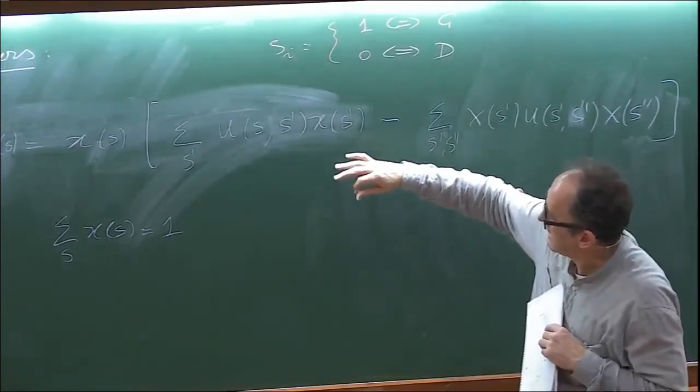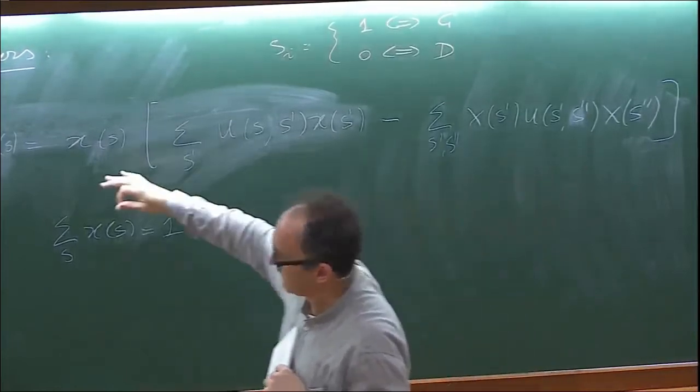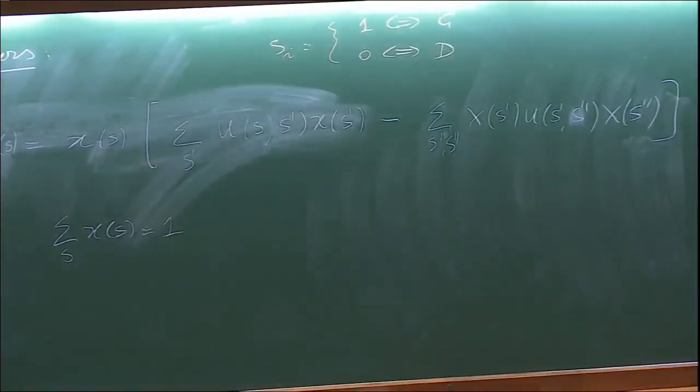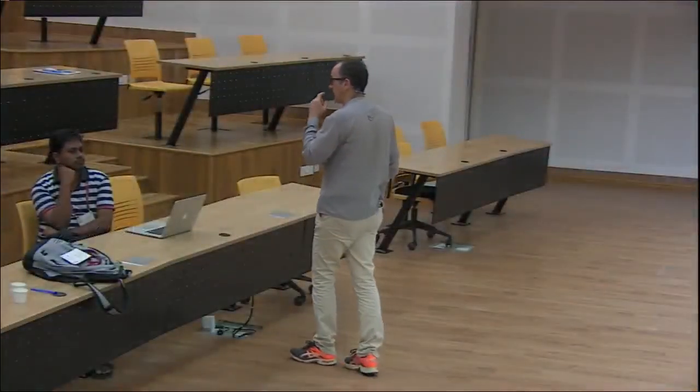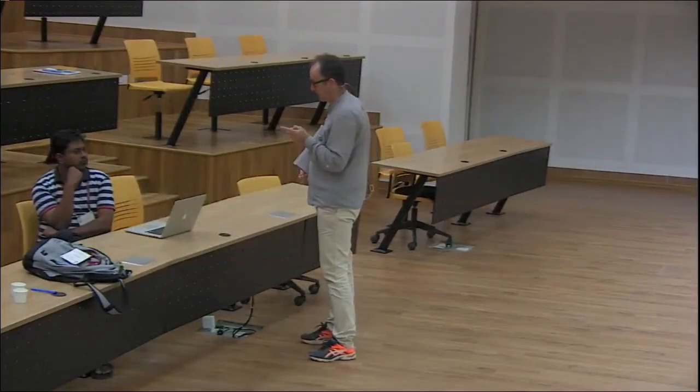The only point I want to make is how you interpret the case where it converges to a mixed strategy, okay? You can interpret it in different ways. As each member of the population playing a mixed strategy.